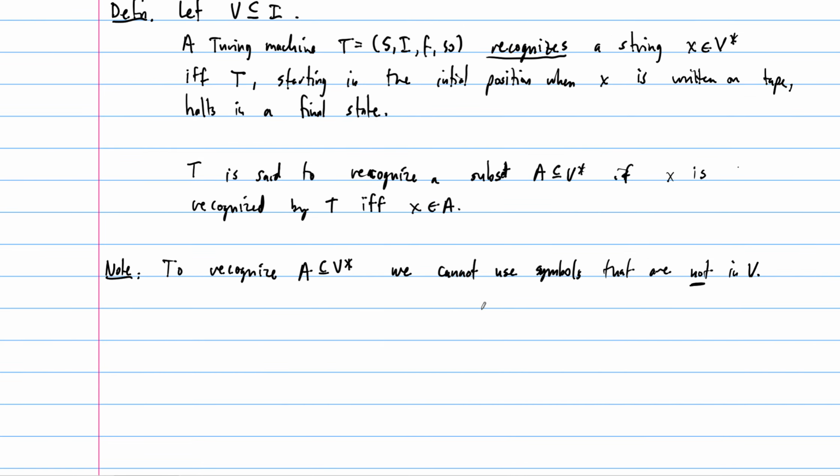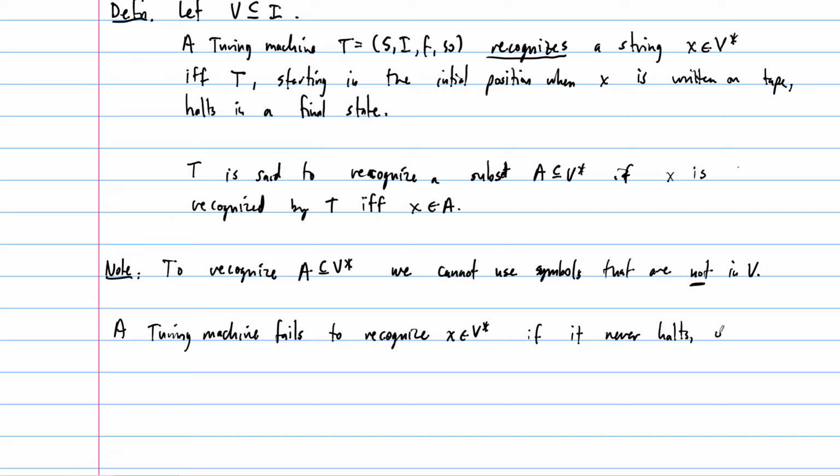But the following here, this will be very useful. A Turing machine fails. Sorry, I'm getting ahead of myself. This is not a definition, but it fails to recognize a string in two different cases, right? There's two ways that it can fail to recognize a string. So let's write down what they are. It fails to recognize some x in V star if either, number one, it never halts, right?